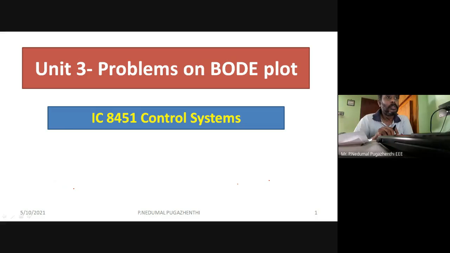Good afternoon. Today we will be dealing with a problem which is somewhat different from the previous two problems we have already dealt with in the previous classes: designing a Bode plot from a given transfer function.